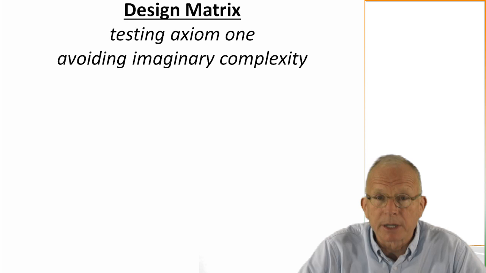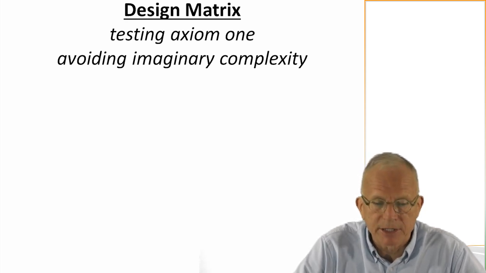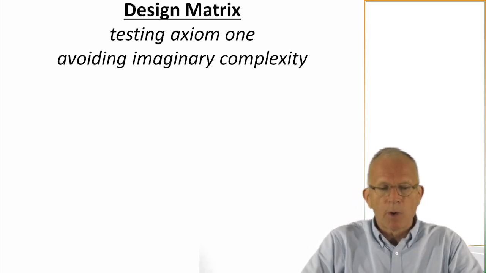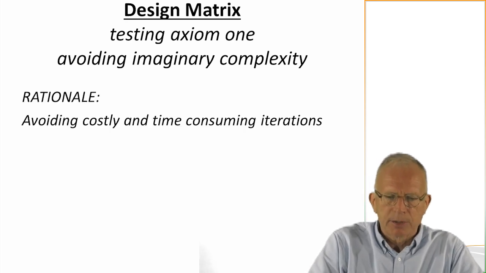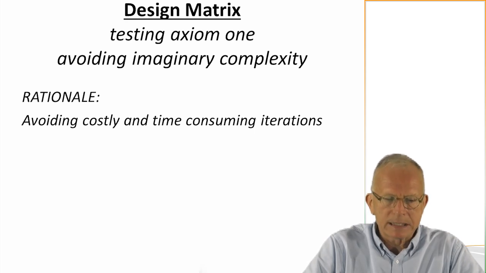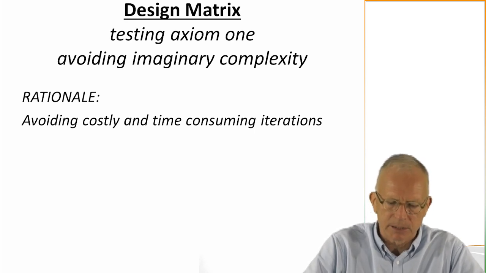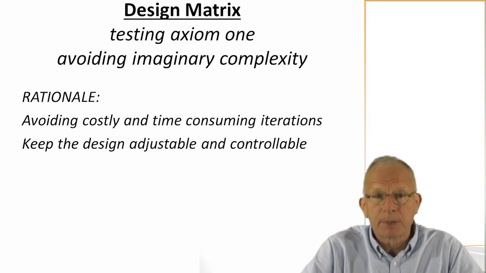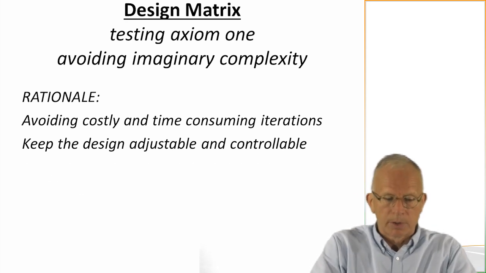So the design matrix, this is for testing for axiom 1 and avoiding what we call imaginary complexity. Part of the rationale for this is it will avoid costly, time-consuming iterations. It'll keep the design adjustable and controllable.